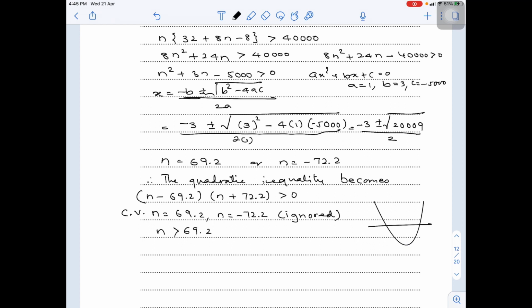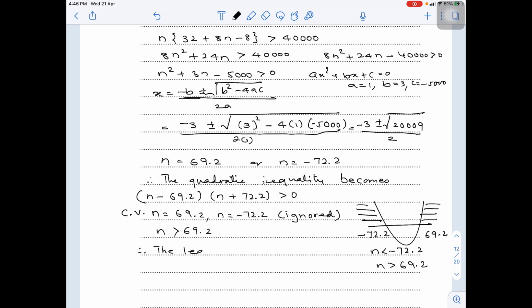Now, if you don't understand what it is, the values are negative 72.2 and 69.2. What we need is more than 0. More than 0 are these values, right? So that is n is less than negative 72.2 or n is more than 69.2.